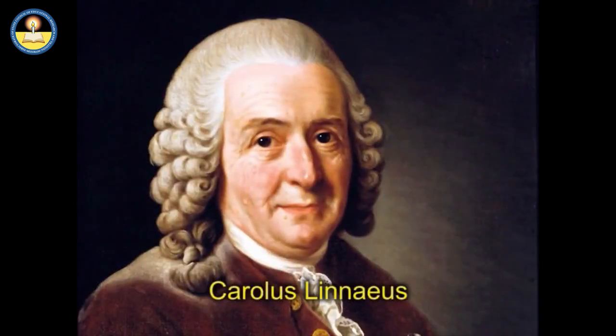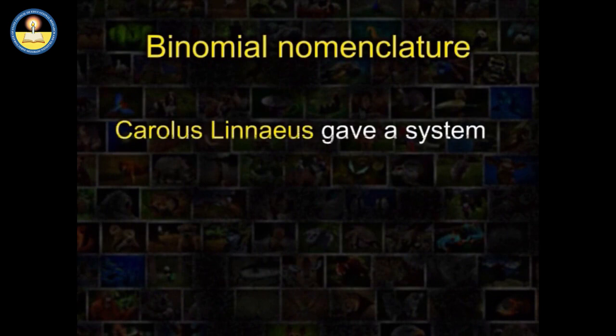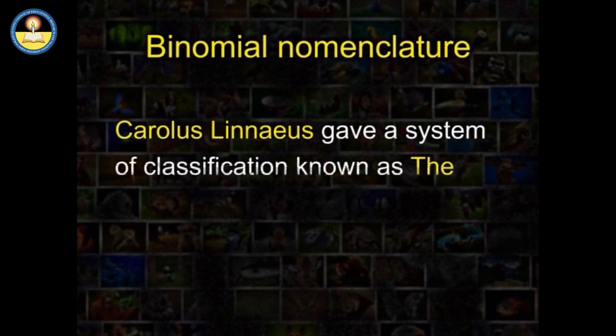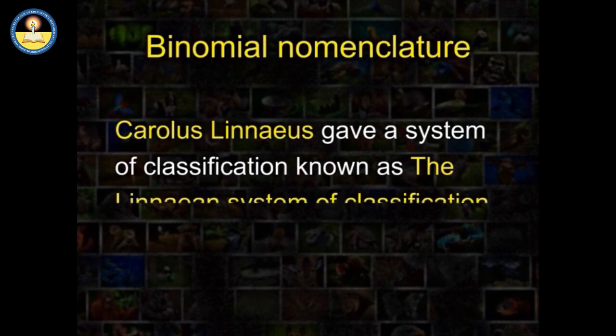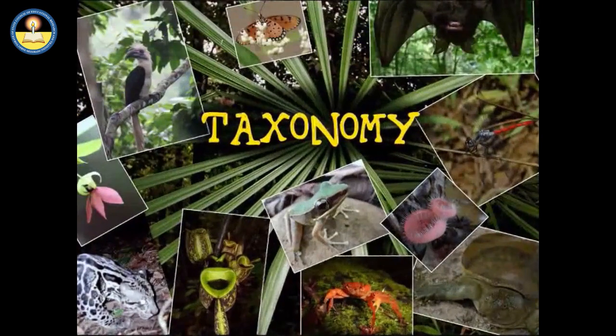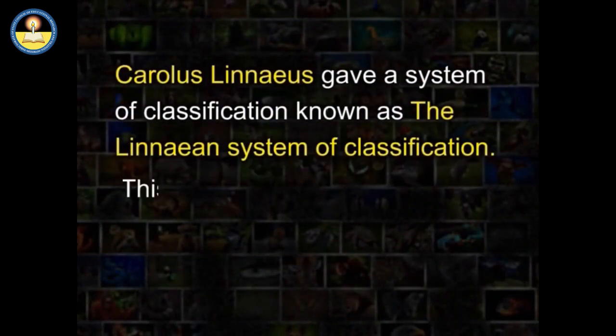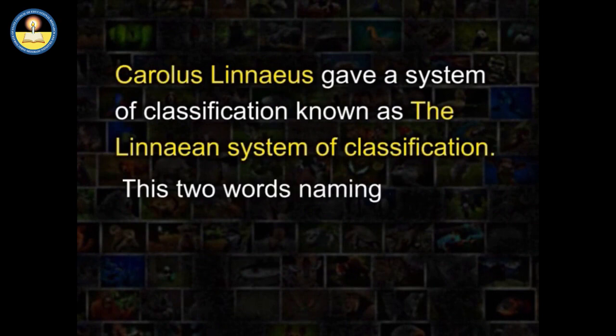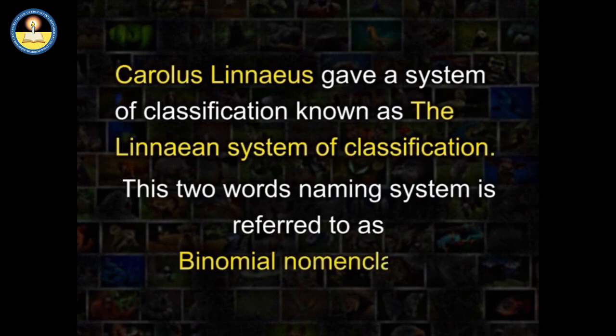The current system of naming was also given by Carolus Linnaeus. This system of classification has been widely accepted by all, and to date it provides the basic framework for all activities related to taxonomy. Such a 2-word naming system is referred to as binomial nomenclature.